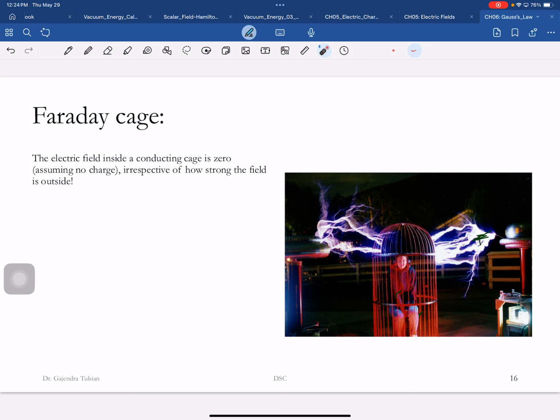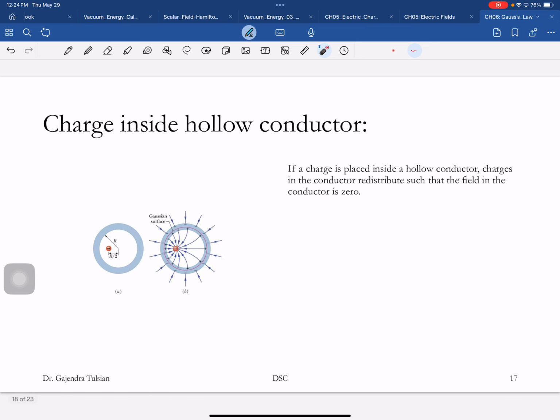Okay, so this is the Faraday's cage. You know what a Faraday's cage does? It shields you from an external field. So here is a hollow conductor. You put a charge inside, and what is it that you want? You want the field to be 0 everywhere here.